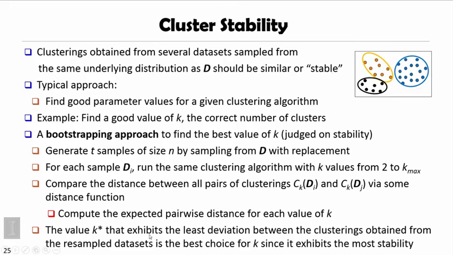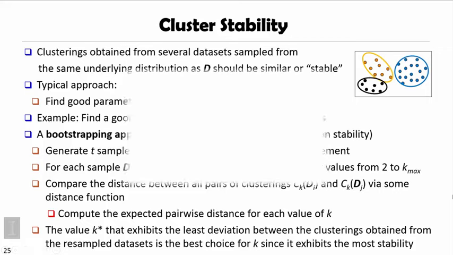Then you look at whether this value K exhibits the least deviation between clusterings. That means you do clustering on sample D sub I or sample D sub J, and they have the least deviation. That K should be the most stable one, and you may want to have this K value. So that's one application of testing cluster stability to find the best K.